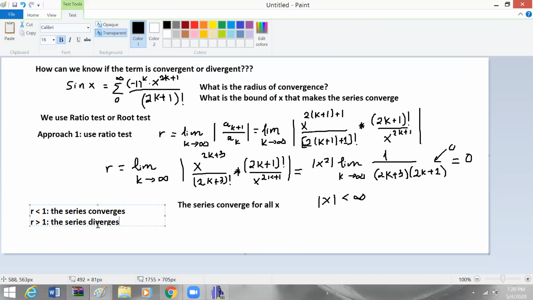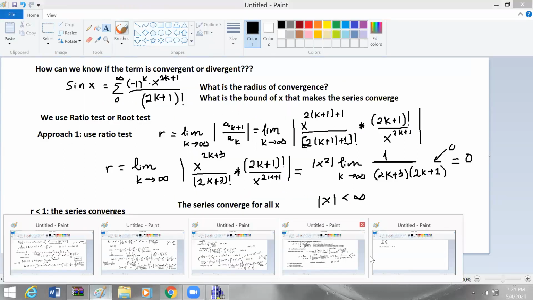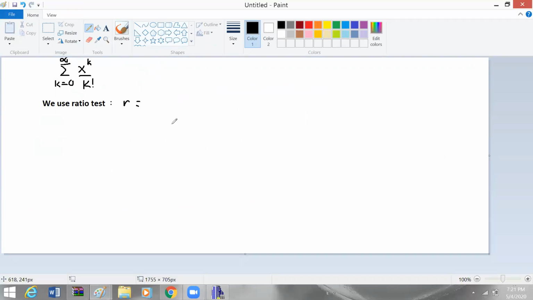When R equals 1, it is inconclusive, so we cannot tell anything like that. So what we need to do is try the limits for the series, with k going to infinity. So we will take the x to the k.